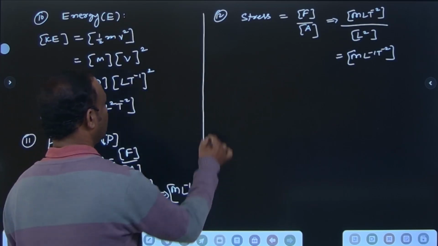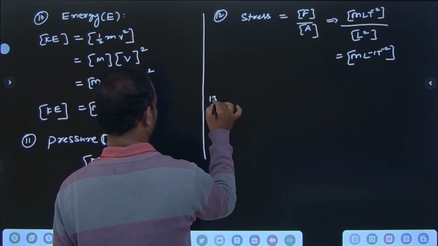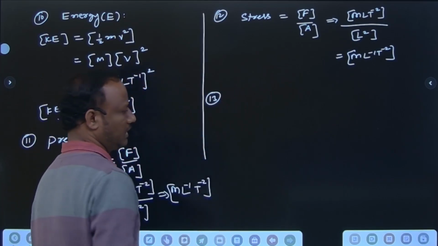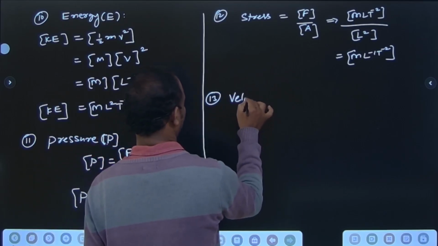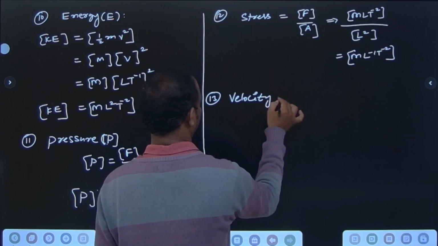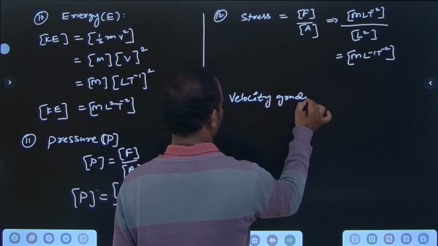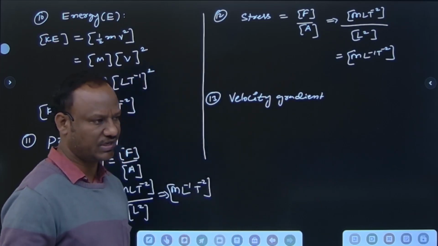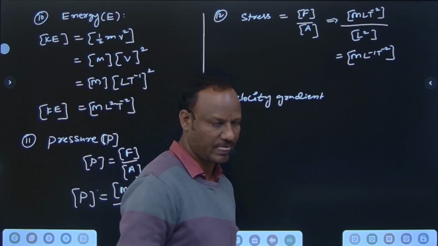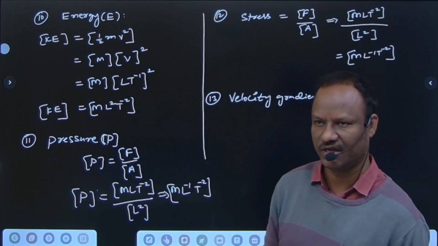Next one, number 13, velocity gradient. Velocity gradient means any physical quantity divided by a distance.